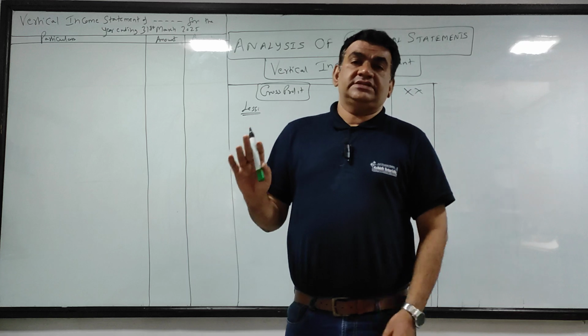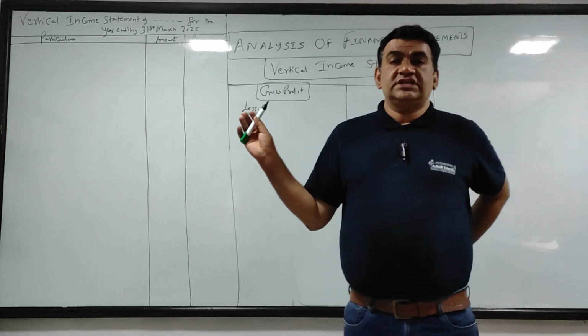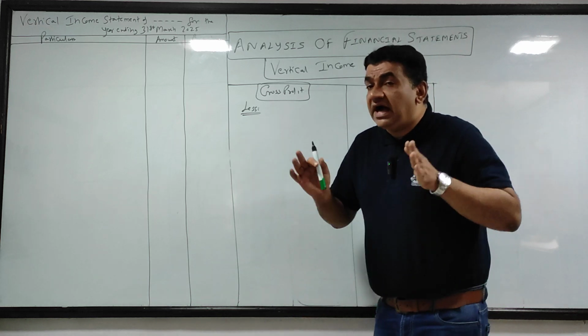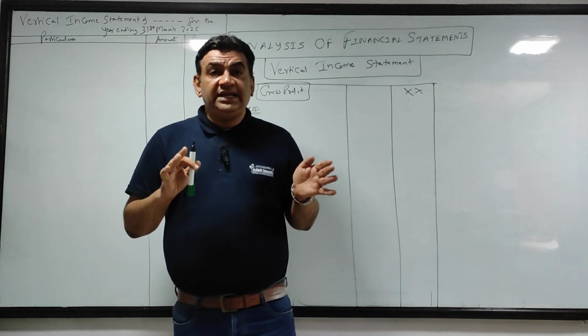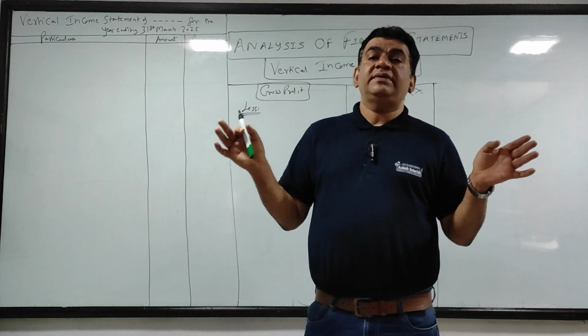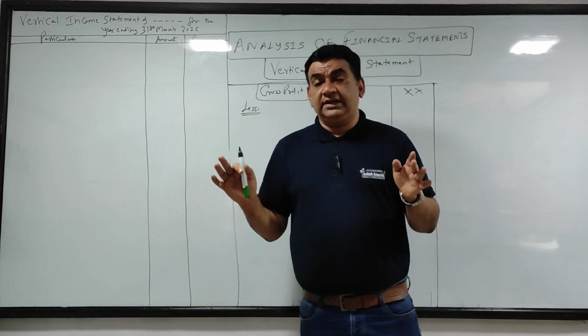When I say expenses, first of all, only business expense has to come here. Personal expenses don't come here. So business expenses are further classified into two categories: operating and non-operating.